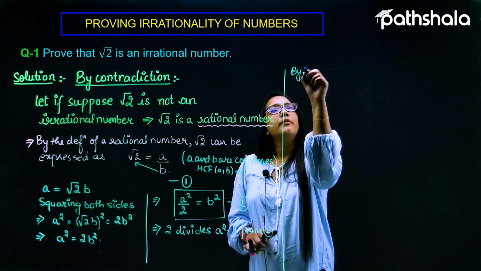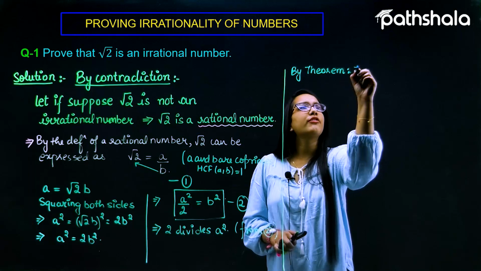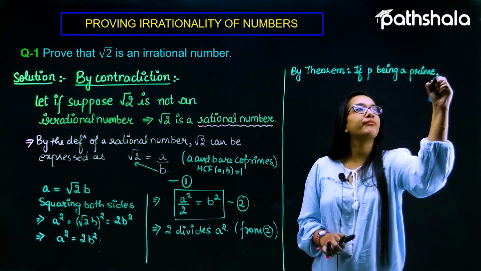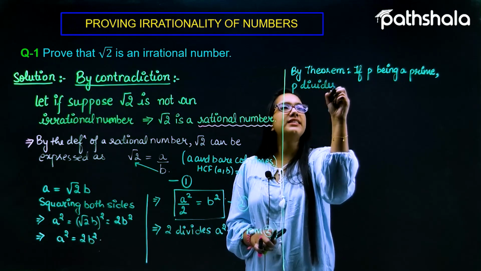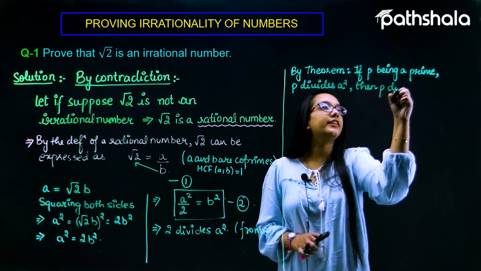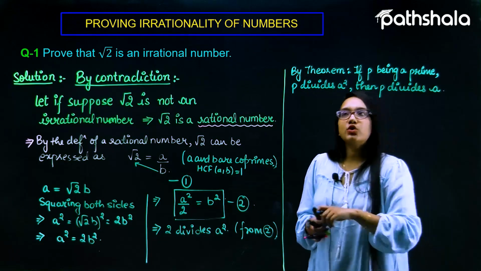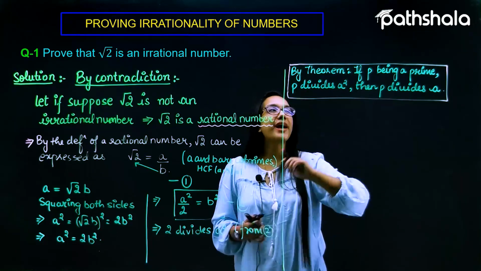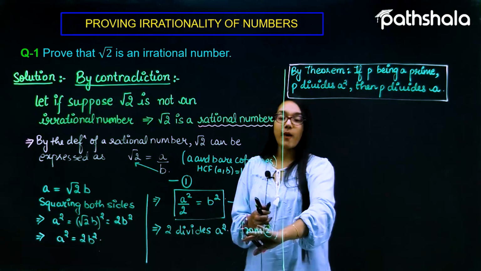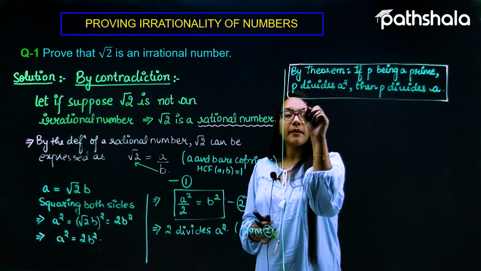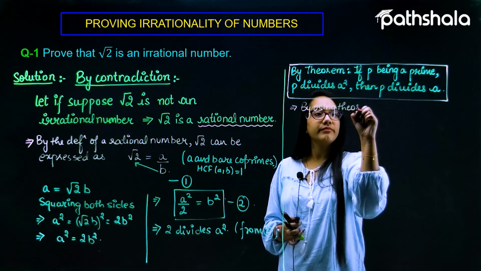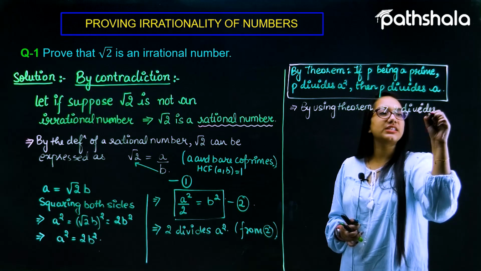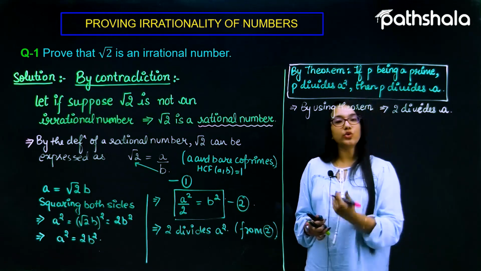By theorem, if P is a prime and P divides A square, then P divides A. So if 2 divides A square, then 2 will definitely divide A. So by using the theorem, we can say 2 divides A itself.